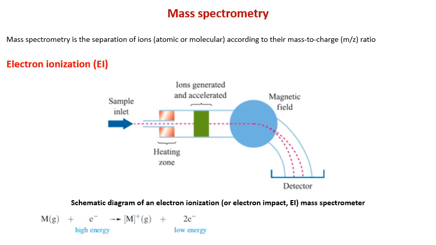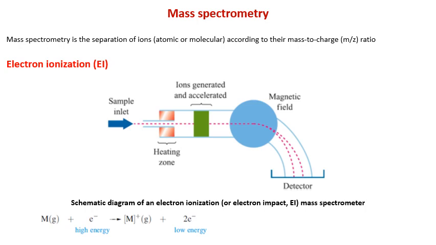So first the sample has to be in the vapor phase. Whatever state you put the sample in, liquid, solid, or gas, after the heating zone it should be in the vapor phase, and then it is bombarded with high energy electrons, and you can see that the molecular ion peak is produced. This capital M plus is the molecular ion peak, strictly written in this radical cation form.